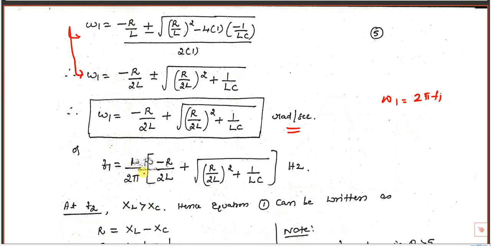F1 is equal to 1 by 2 pi of this whole thing. That is F1, or you can keep it in radians per second; this is in hertz, and this is radians per second. And this is the expression for F1 or omega 1: R by 2L plus root of R by 2L whole square plus 1 by LC.